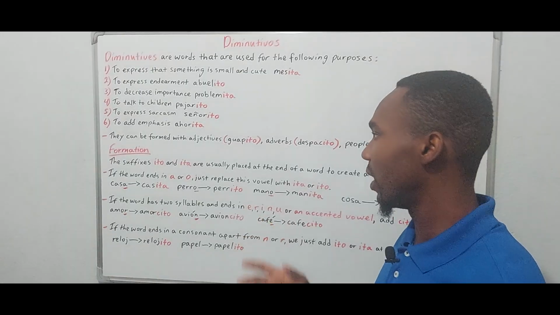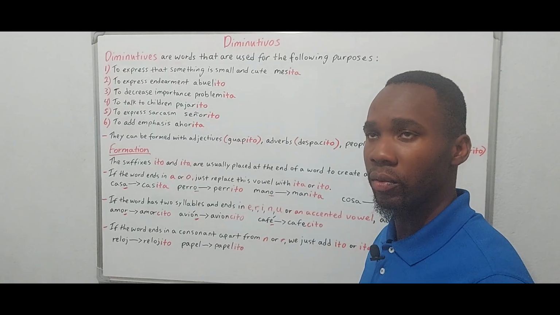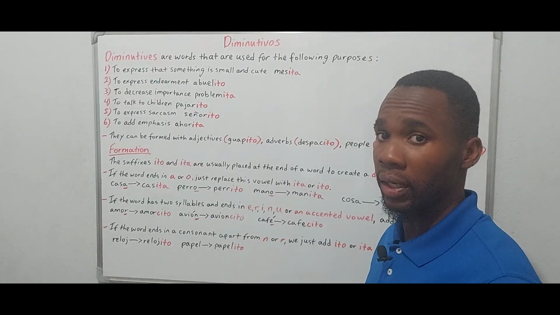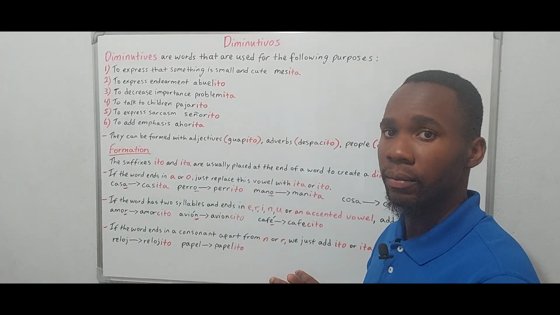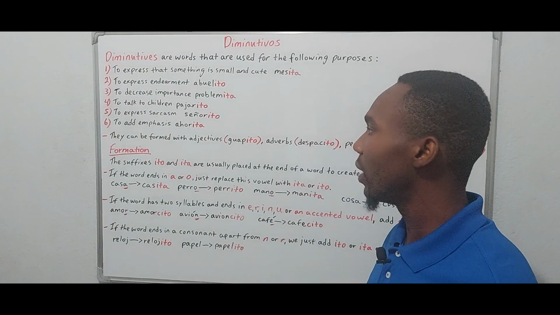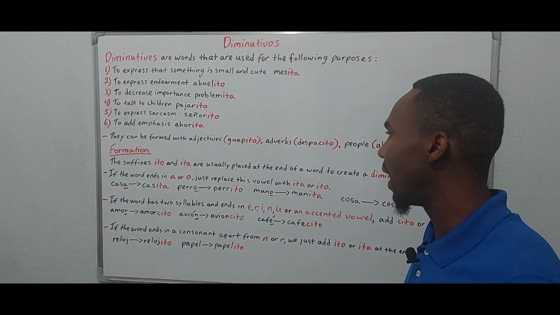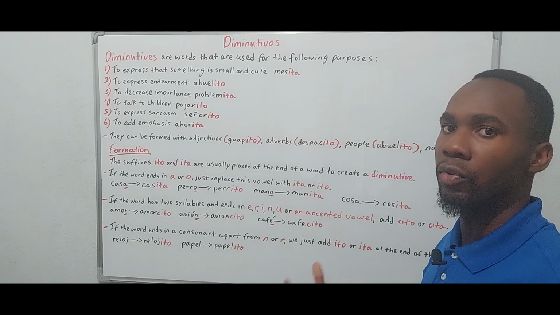So for nouns and adjectives, gender and number rules apply, because gender and number go hand in hand. So yes, the suffixes ito and ita are usually placed at the end of a word to create a diminutive. That's the general rule, all right?